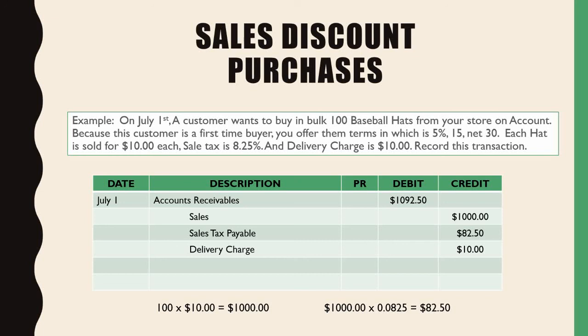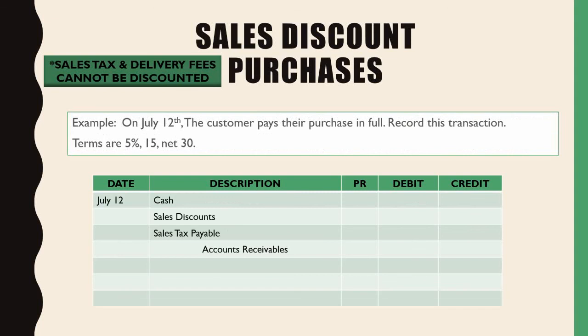Don't say, oh, they met the terms, so we're going to take 5% off the full $1,092.50. No, that's going to be wrong. You cannot discount sales tax and you cannot discount delivery fees, right? Those are additional charges on top of your product. So you can only discount the product at hand. Okay, so there you go, and that is correct.